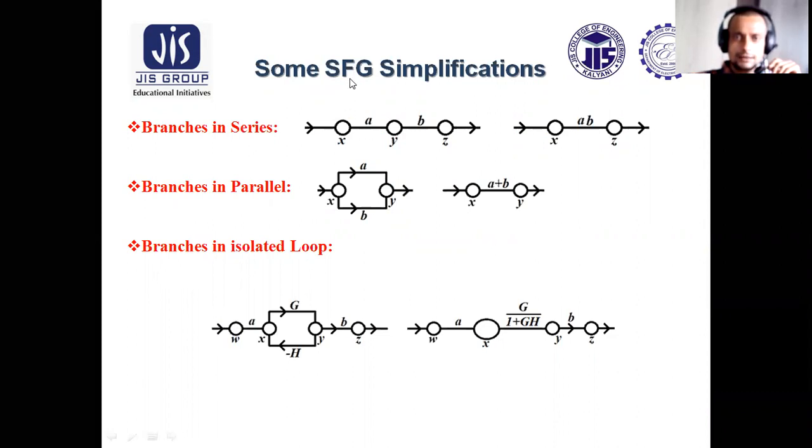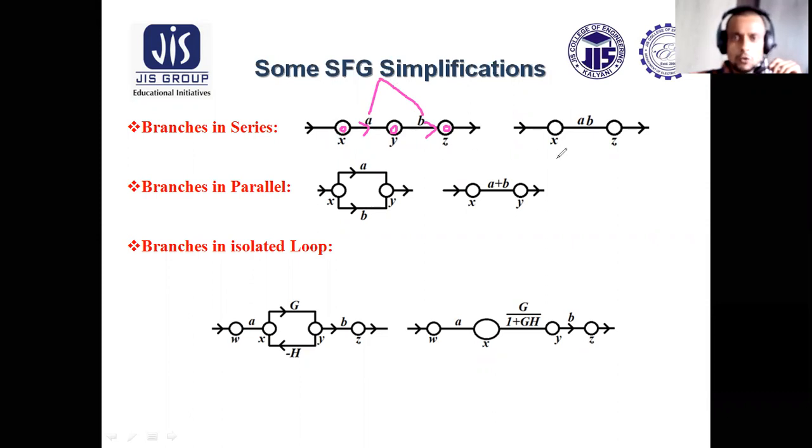See here, these are three nodes, joined together through these lines. These lines have A and B path transmittance.